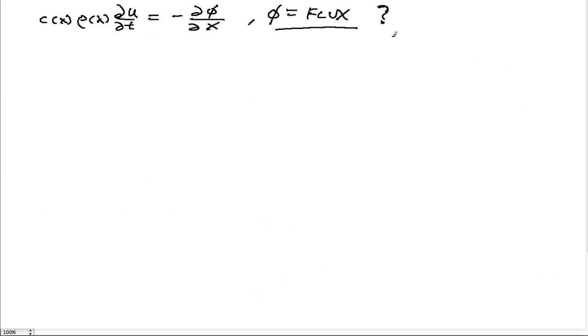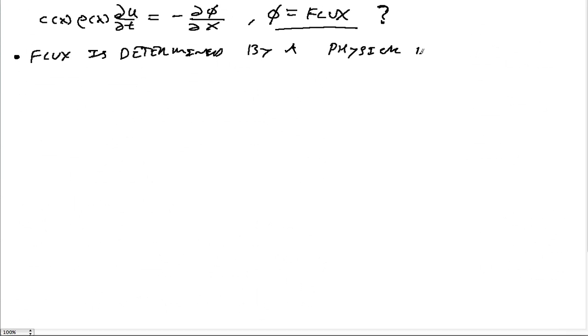What's the rule? This is where we incorporate a physical law. We say flux is determined by a physical law. The particular law that it's determined by was given by Fourier. It's Fourier's law.